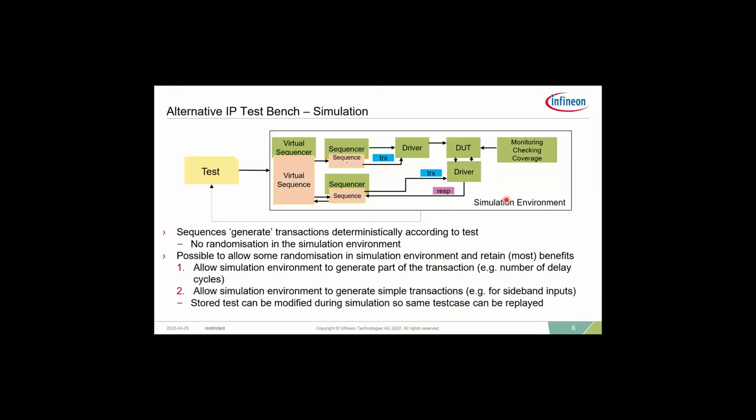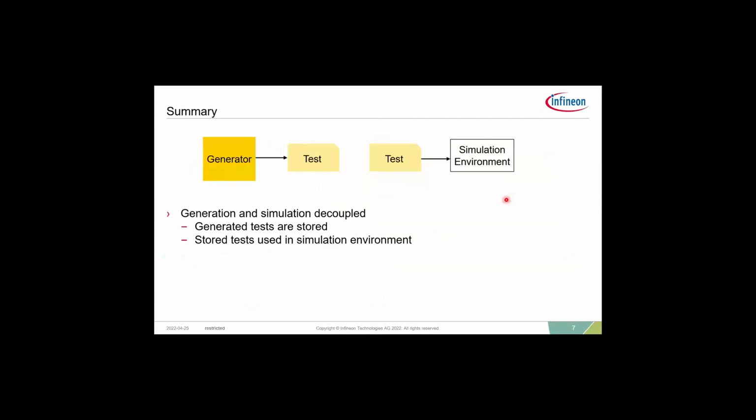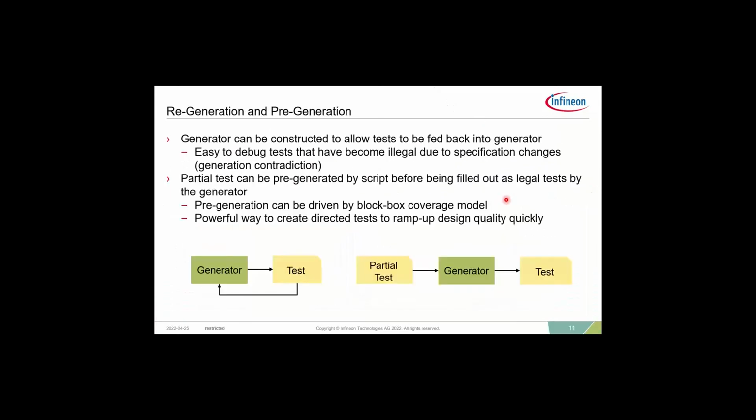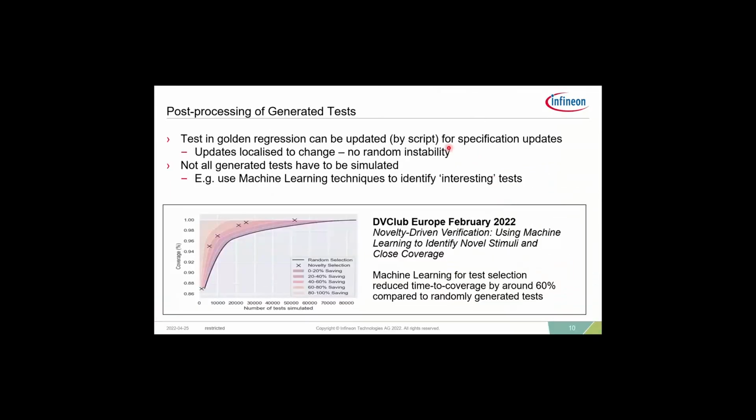Okay, and then a question on reuse. Have you done this with horizontal reuse, so IP to between IP versions, and vertical reuse, so IP to subsystem to SoC? Yes, definitely. The post processing, for instance, allows you horizontal reuse.